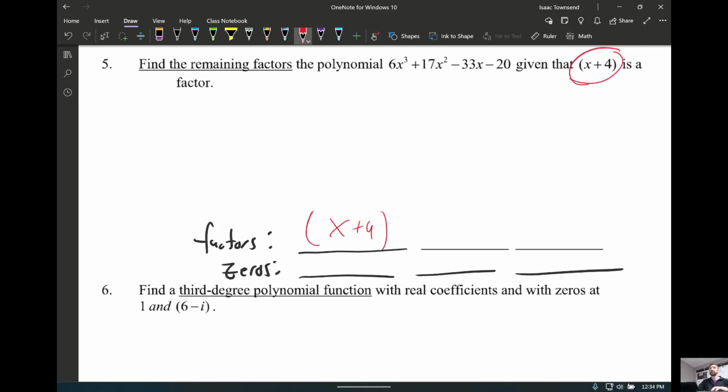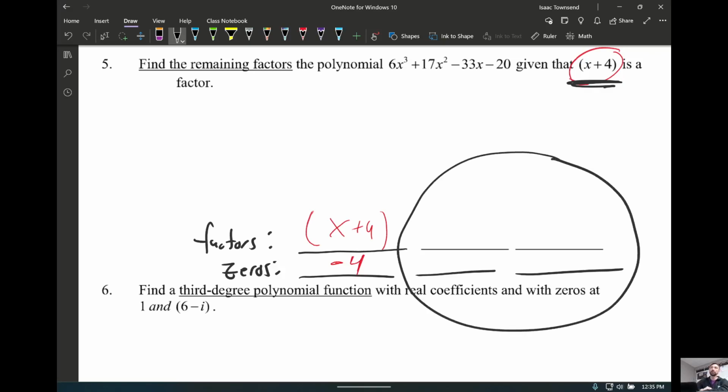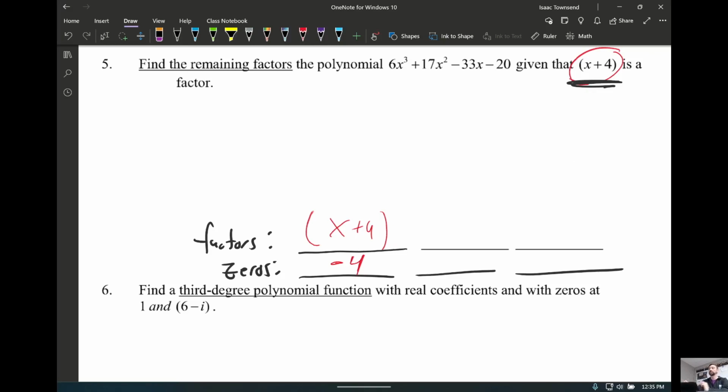If it was asking for zeros, one of the zeros would be where that equals 0. And notice, if I did x minus this, it would change it back to a factor. They want us to find the other two factors. So this is just like the last question, but a much simpler version. If I divide out this factor from a cubic, it's going to leave behind a quadratic, and that quadratic is going to give me my other two zeros, my other two factors.